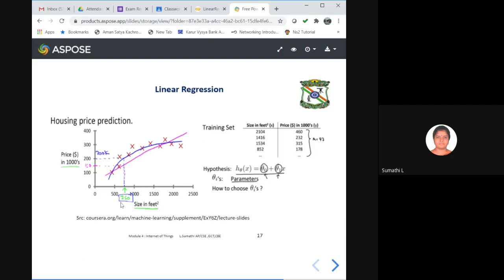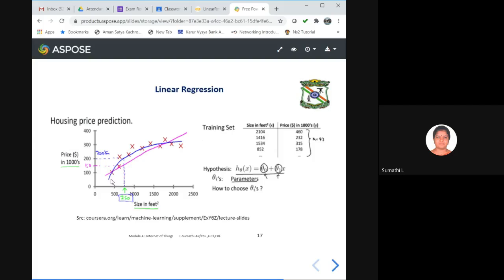What I will do is try to find an intercept on the straight line and try to get what could be the value of my price. So if it is 750 square feet, if I am using this pink line, then the value will be 150.